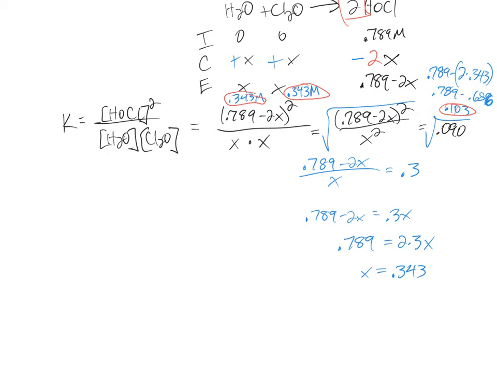Now, if you hadn't recognized the perfect square in the expression, then you would have been thrown off. And here's why. Let's say you went with the solver feature on your calculator.